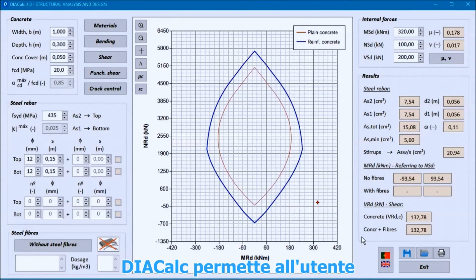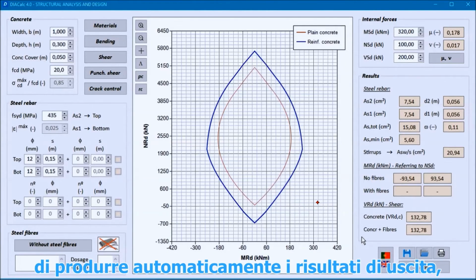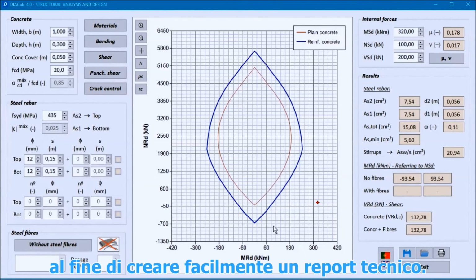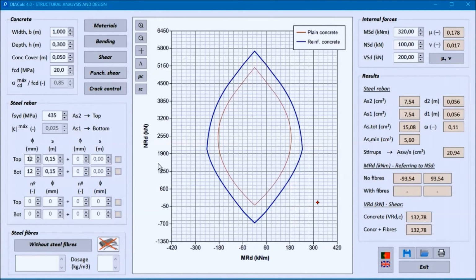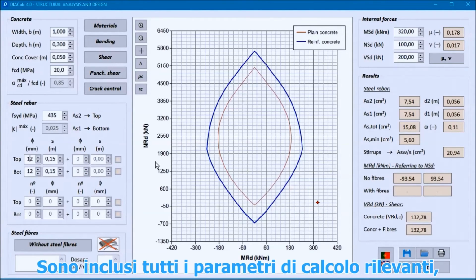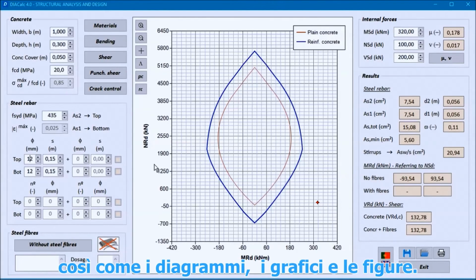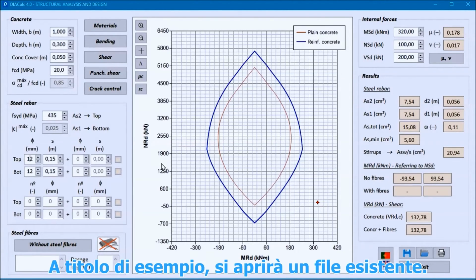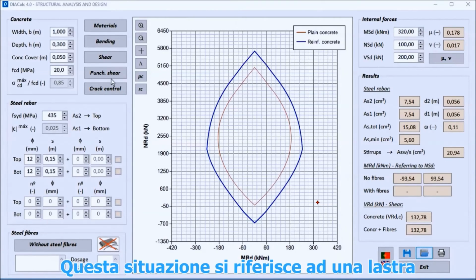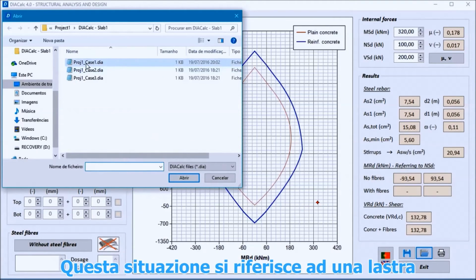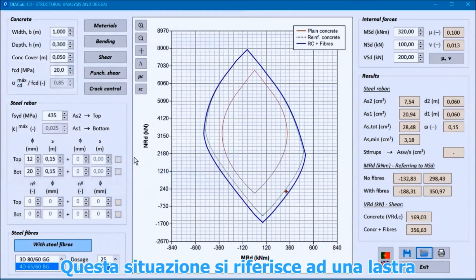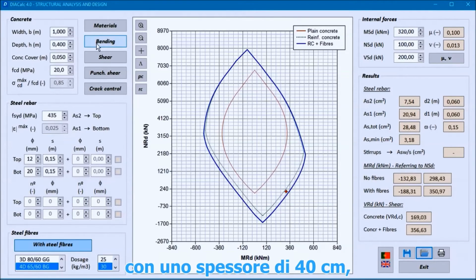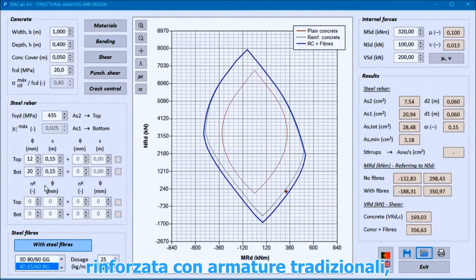DIACalc allows the user to produce output results automatically in order to easily create technical reports. All relevant calculation parameters are included, as well as diagrams, graphs, and figures. As an example, we will open an existing file. This situation refers to a slab with a thickness of 40 centimeters, reinforced with traditional rebars, plus steel fibers.